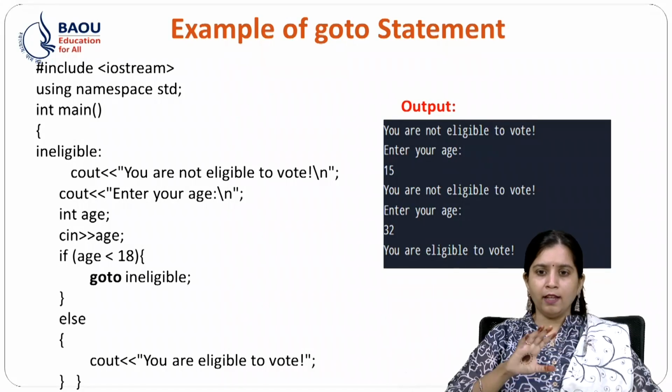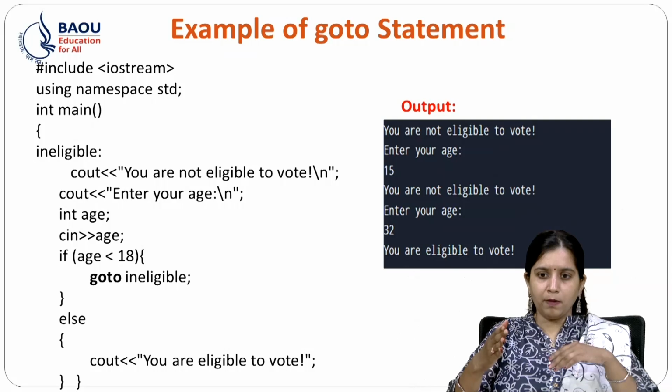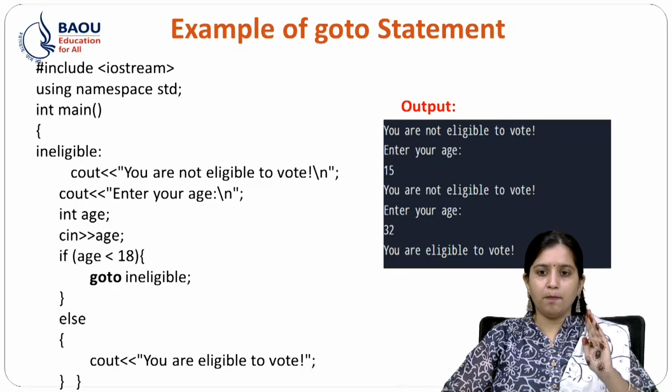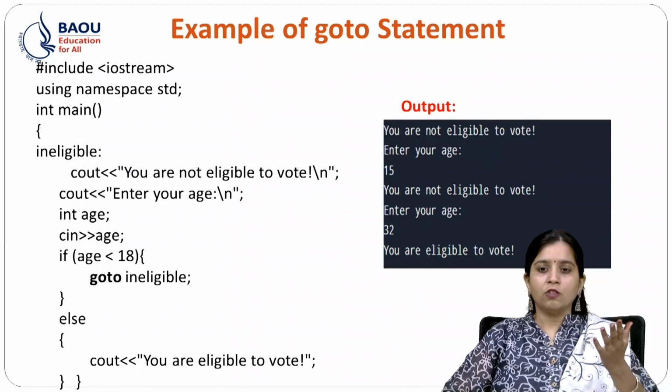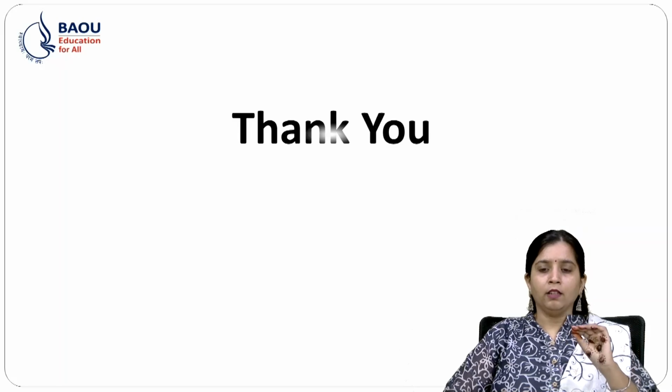So these are the unconditional branching statements, and I hope now you get the idea about decision and control statements in C++. We have so far learned about the if statement, types of if statements, the switch statement, and then we have used for loops, and the usage of while and do while loops.